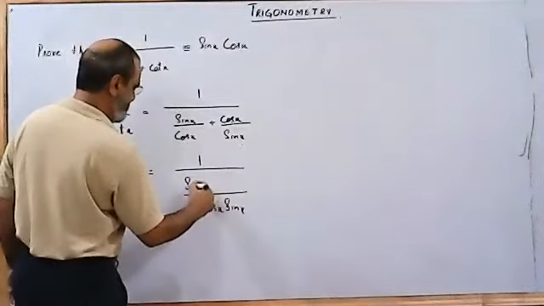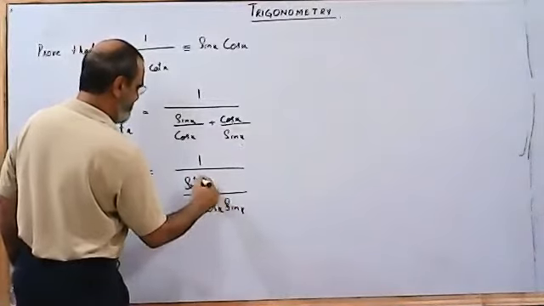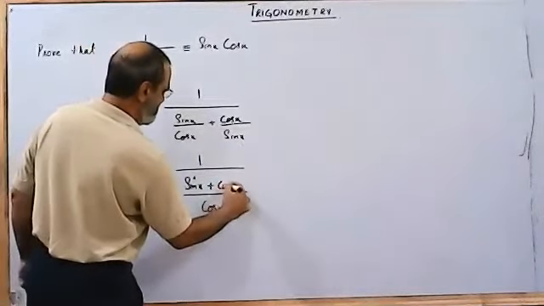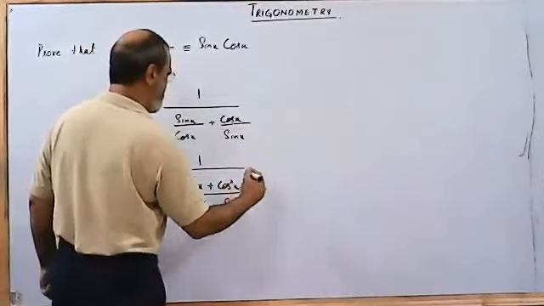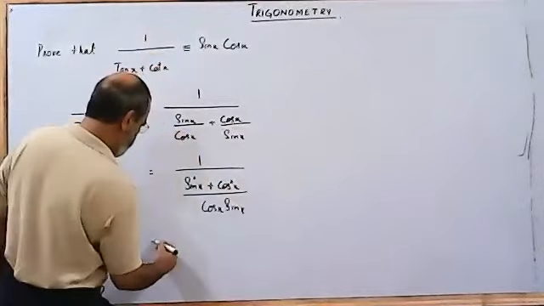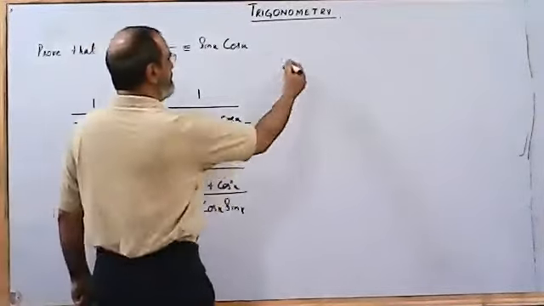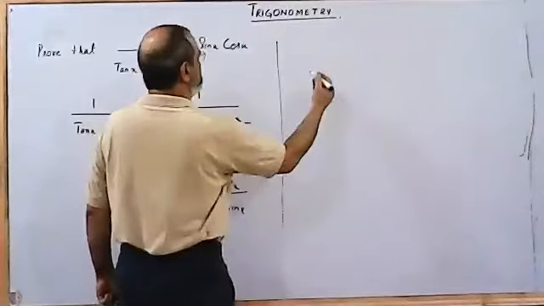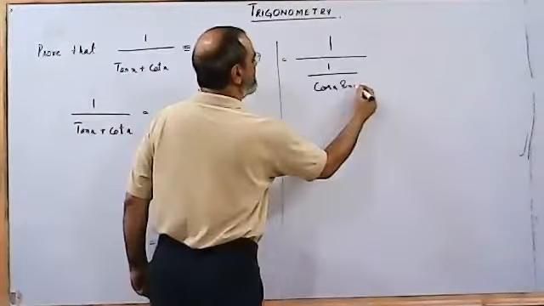So I'll get sine square x plus cos square x over cos x sin x. Sine square x plus cos square x is 1, already known to you. So I'll replace it by 1 over cos x sin x.